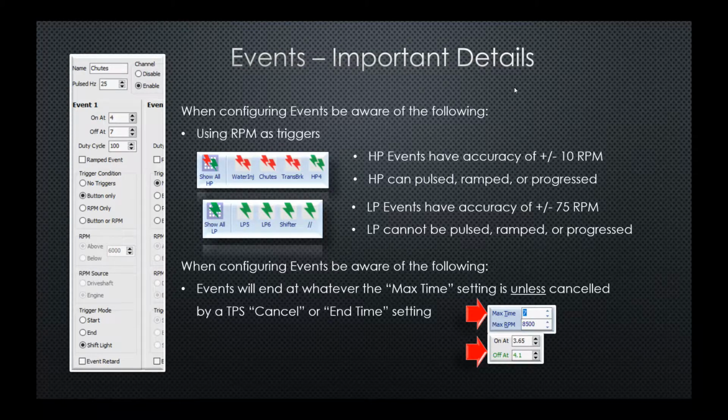Max time setting is configured on the main programming screen of the Profiler software. Throttle position sensor setting has several options. If it's set to cancel, for instance, when pedaling the car, or when there's a specific end time, when either one of those occurs, the event will end.